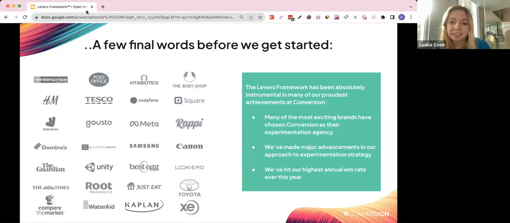Again, the Lever framework has been critical to that in informing our strategies. I couldn't be prouder of Ed and the team for all of the efforts that they've put in over the years that have got us to this point. To see those kinds of achievements come off the back of it has been really exciting. I can't wait for Ed to take you through that now.